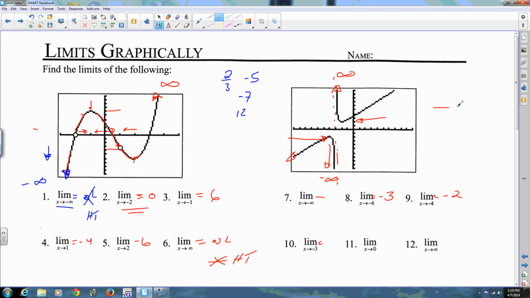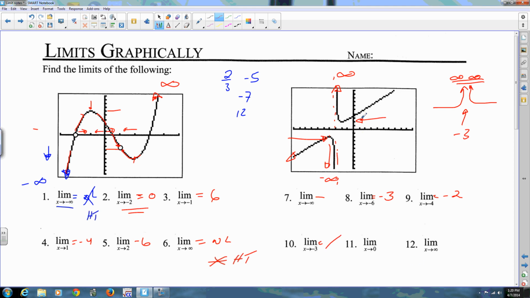Even if you had a graph doing this and doing this, at let's say this value right here is the negative 3, this side would go to positive infinity and this side would go to positive infinity. They're both going to the same place, positive infinity, but once again, I can't give infinity as an answer. It's not a limit. A limit has to be a concrete number. So once again, the limit does not exist.